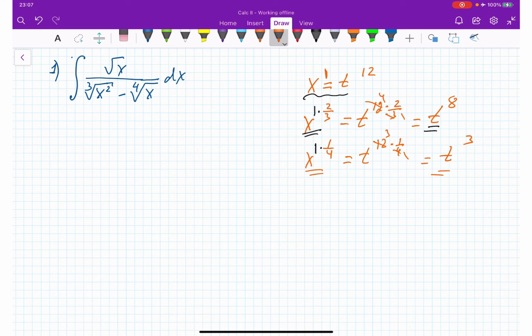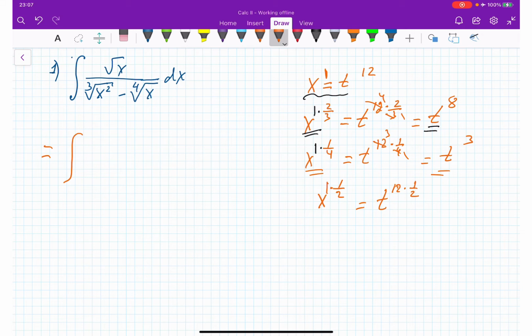All right, so from here I'm going to substitute. I need x in the numerator, x to the power 1/2. Let me take care of this 1/2 also, which means it's going to be t to the power 12 multiplied by 1/2, because here is 1 times 1/2.